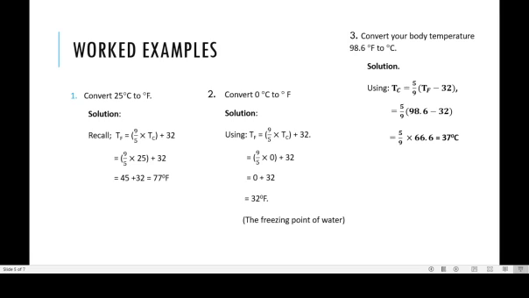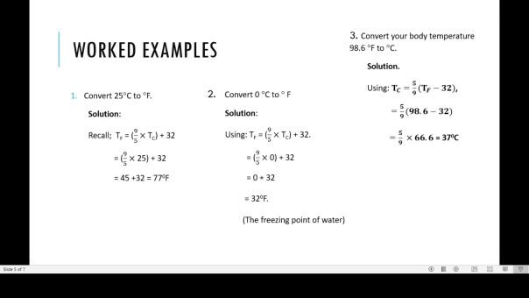So if you are asked, you should know that in Fahrenheit, a normal temperature of a human being should be 98.6 degrees Fahrenheit or approximately 37 degrees Celsius. So let's see how we can convert this to 37 degrees Celsius.